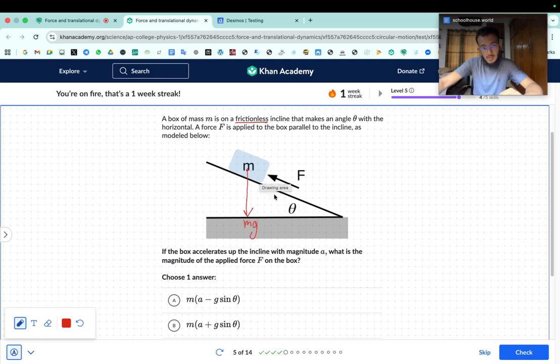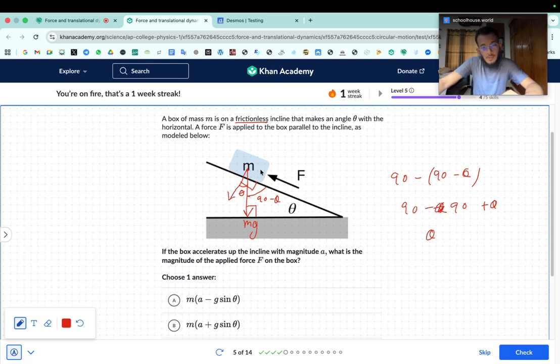Because this is theta, this will also be theta, and we can prove that by saying that this thing is definitely 90 degrees. If this is 90, this will be 90 minus theta, and this entire thing is 90 minus theta. So 90 minus 90 plus theta, you get theta. So this is how we get theta from here.